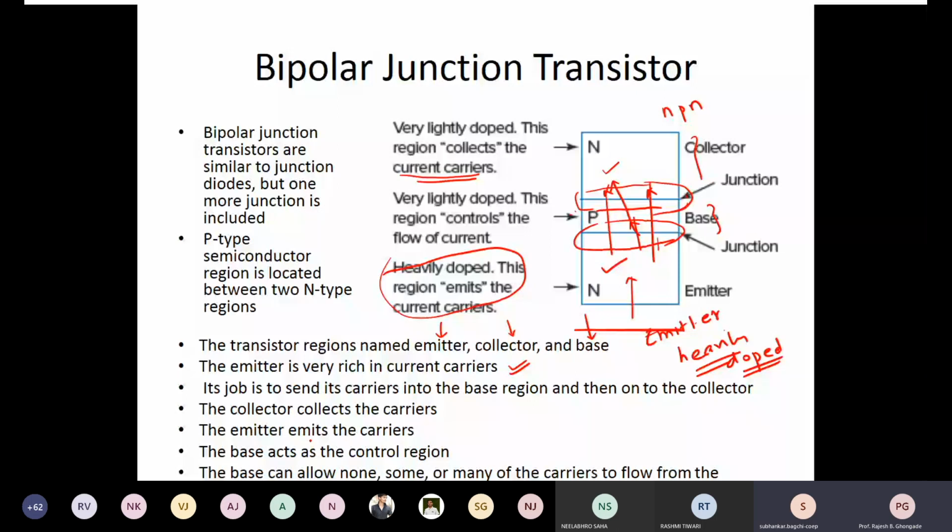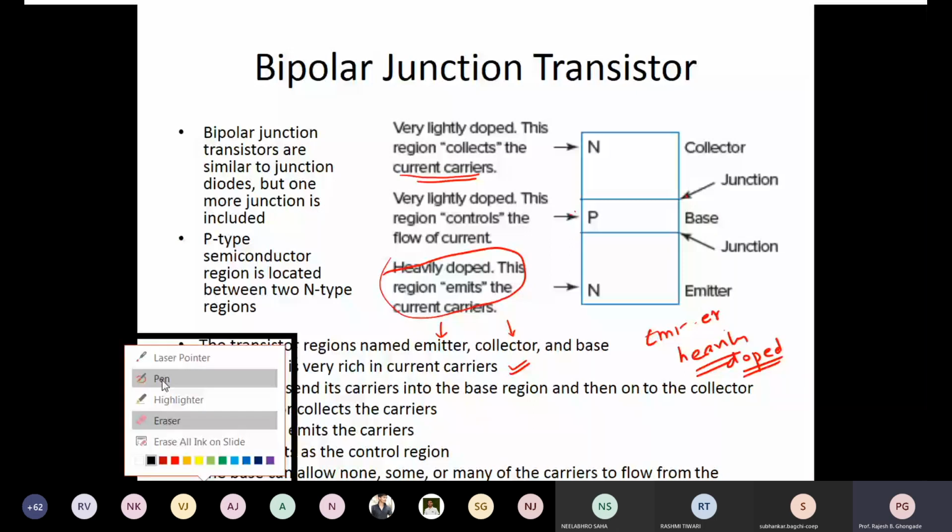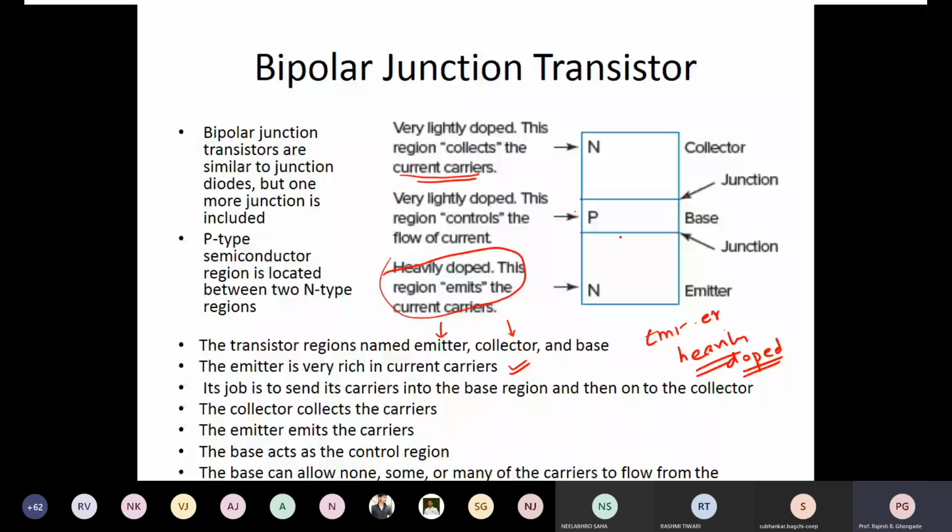The electrons. For the time being, we'll ignore that there are some minority current carriers also. Later on, we have to make use of it.